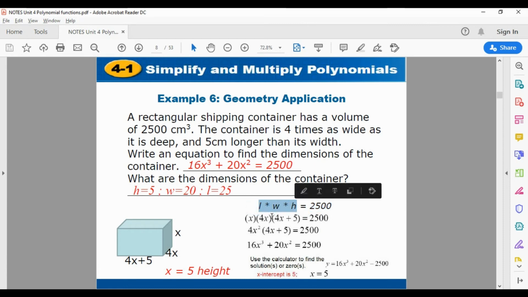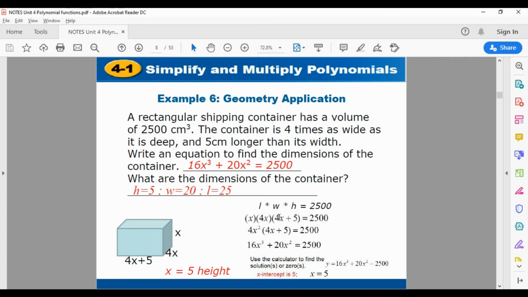This is going to be length times width times height. If I call the depth x, the width is 4 times that amount, and the length. Okay, so we kind of switch these around some, but it's okay either way. So as it turns out, the author used height as depth in this case.